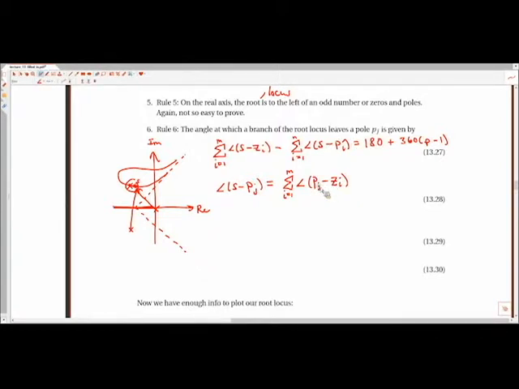I'll talk about what that is in a second. Minus the summation, and here you have to look at the index a little carefully: i equals 1 to n, except for i not equal to j. So we're going to go all the way from 1 to n, skipping the case of the pole of interest that we're talking about.